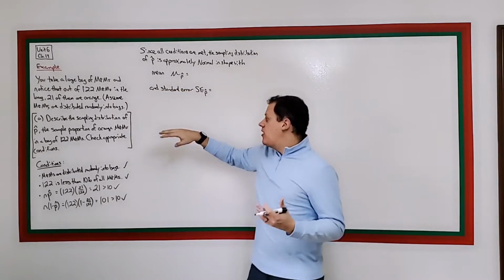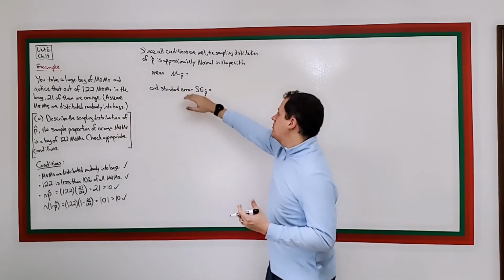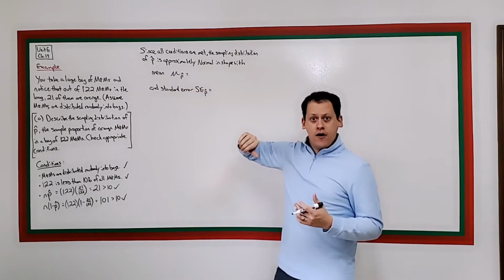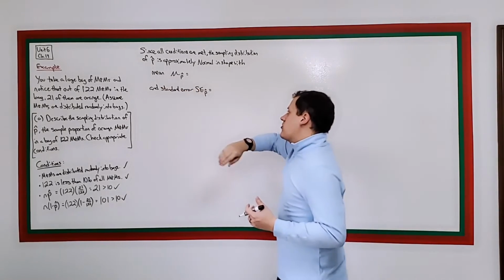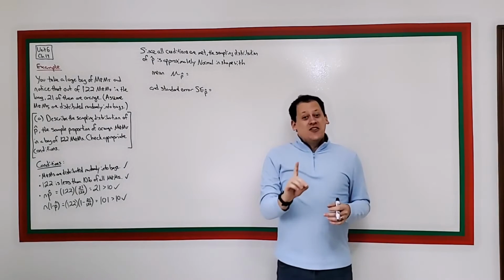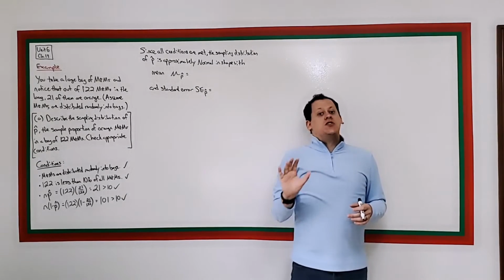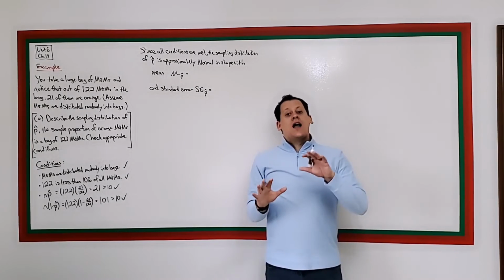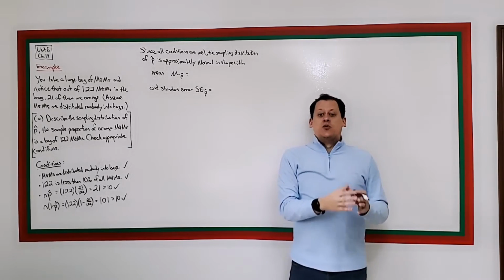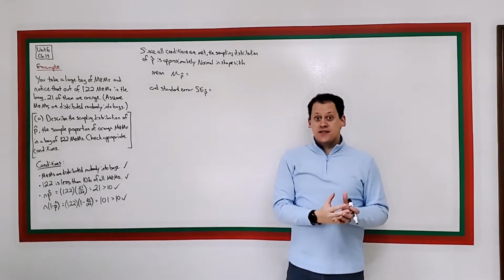And it might help also, if we want to describe the sampling distribution, to know what the parameters are. It's mean and standard error. It's standard error in this case because we don't know p and we're not assuming that p is equal to a particular value for a hypothesis test.